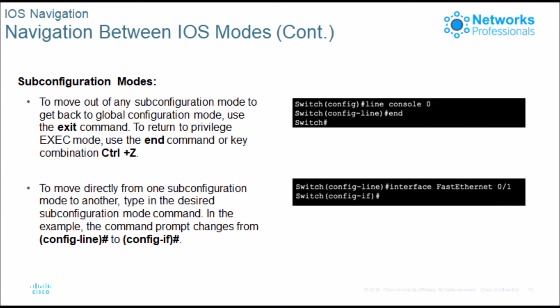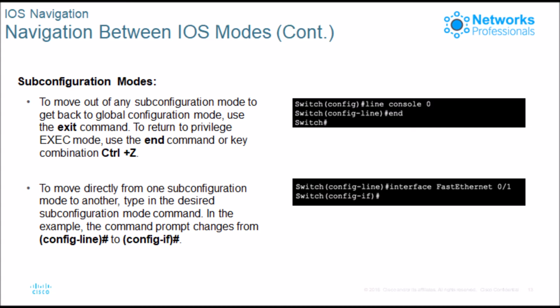In the same way, to move from any sub configuration mode to the mode one step above it in the hierarchy of modes. Means, for example, if you want to come back step by step from a higher mode to the previous mode, you can use the command exit, exit and exit again and again.